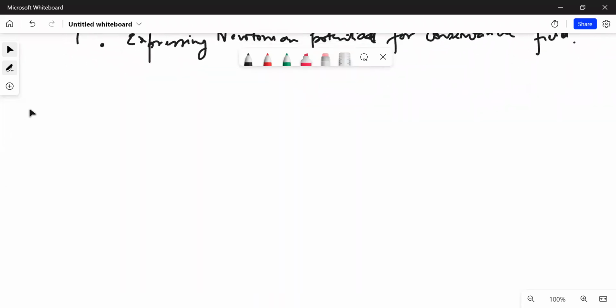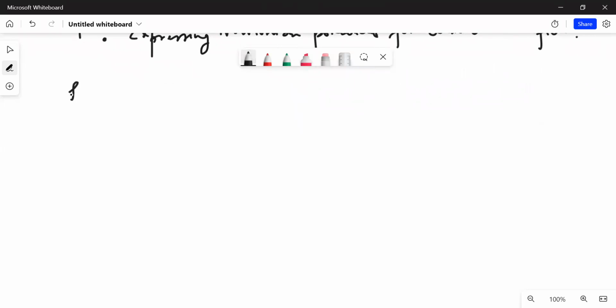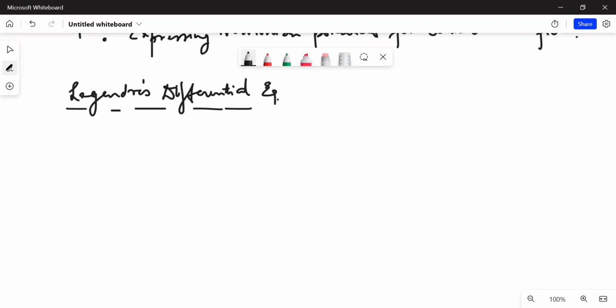Now, the first thing that you need to remember is the differential equation whose one of the convergent solutions happens to be Legendre's polynomial. So let us first write Legendre's differential equation, and later when I teach you the Sturm-Liouville problem, I'll touch upon self-adjoint differential equations also. Right now, I'm focusing on the basic content.